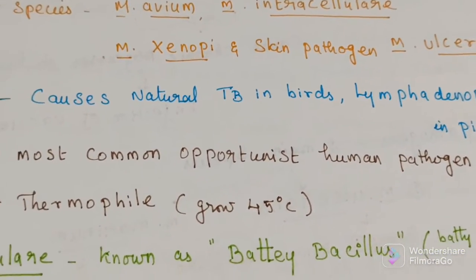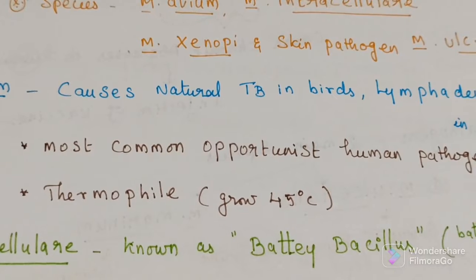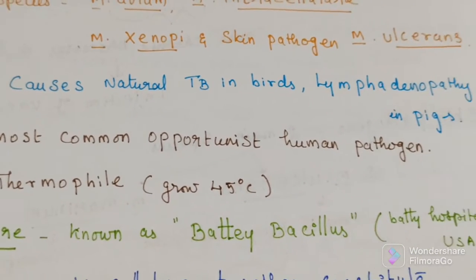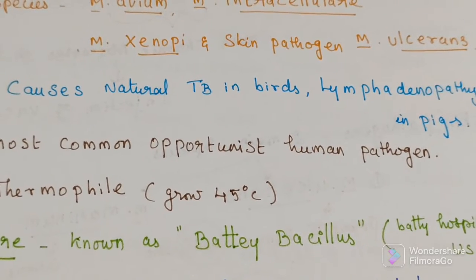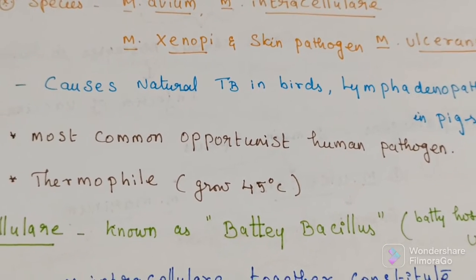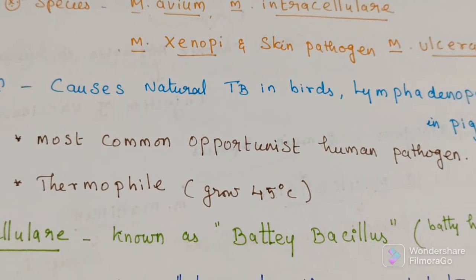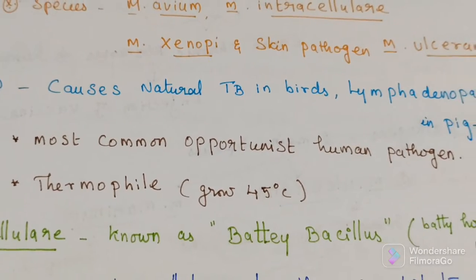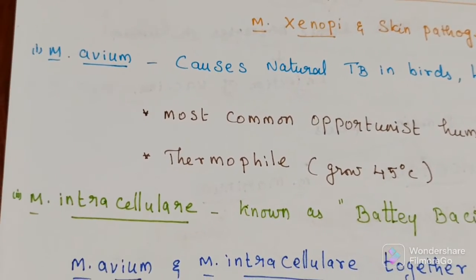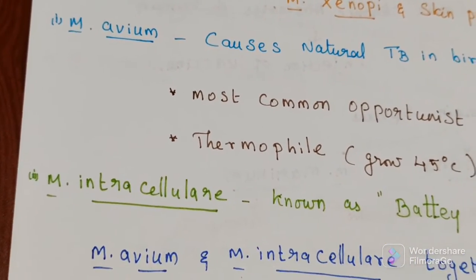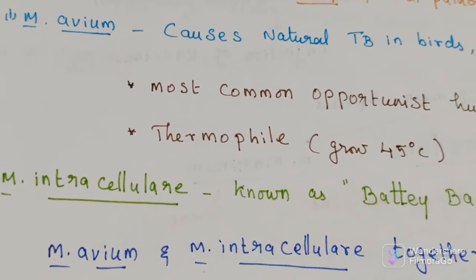Mycobacterium avium is one of the most common opportunistic human pathogens. It is a thermophile, capable of growing at 45 degrees Celsius. The second species is called Mycobacterium intracellulare.